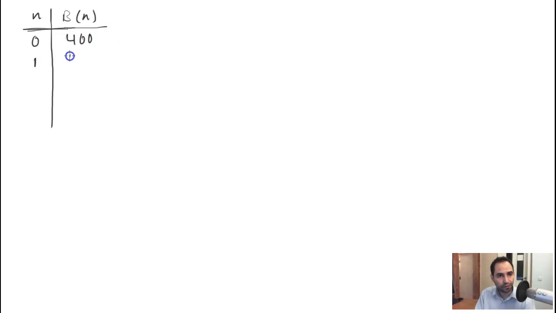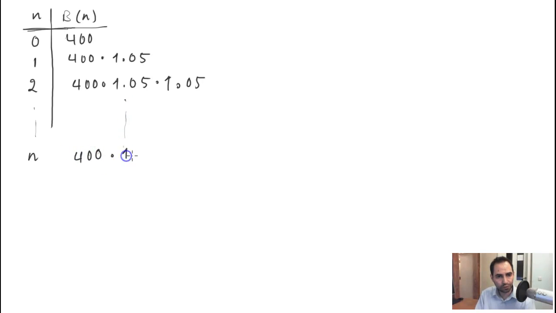You get 400 times 1.05 as the balance of the account, and then after another year you get 400 times 1.05 times another 1.05, and after n years you have 400 times 1.05 raised to the nth power.